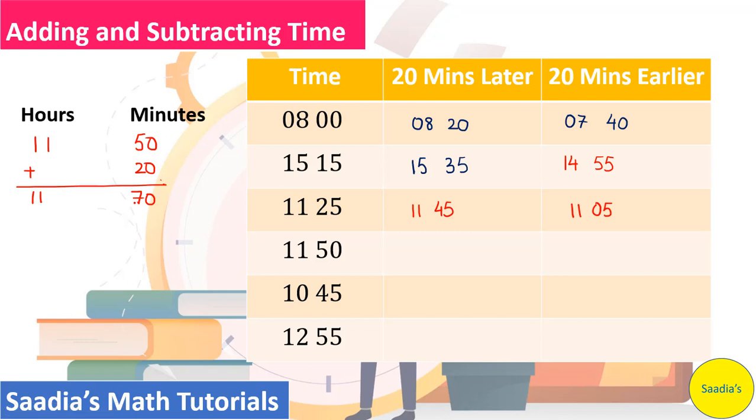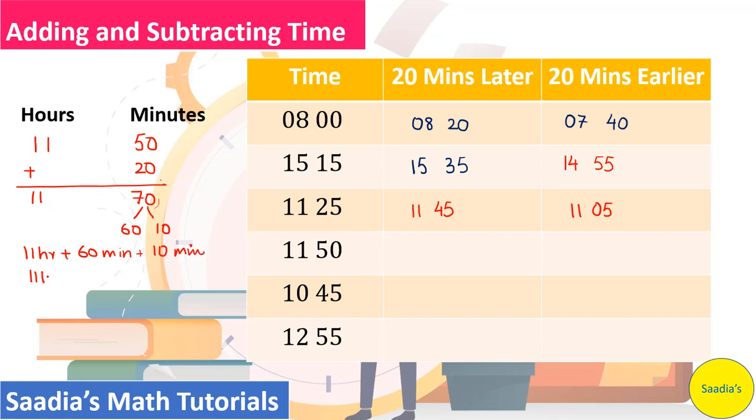Now 70 minutes, whenever this number is 60 or greater than 60, we have to convert minutes into hours and send it to the hours column. So 70 basically means 60 minutes and 10 minutes. So we can write it as 11 hours plus 60 minutes plus 10 minutes.